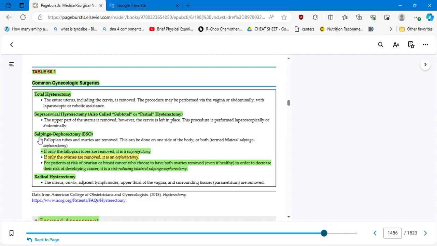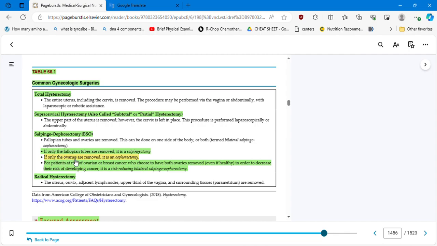Okay. Now the salpingo-oophorectomy: the fallopian tubes, which is the part that relates to salpingo, and the ovaries, oophorectomy, are removed. This can be done on one side of the body or both. So they can remove the fallopian tube and the ovary on the right side, or they can remove the fallopian tubes and ovaries on both sides. If only the fallopian tubes are removed, it is called salpingectomy.